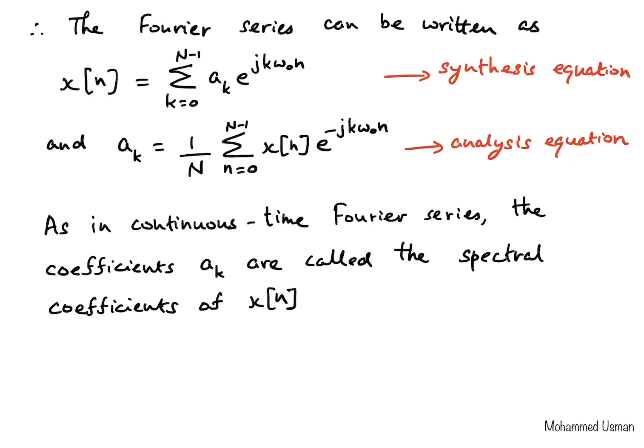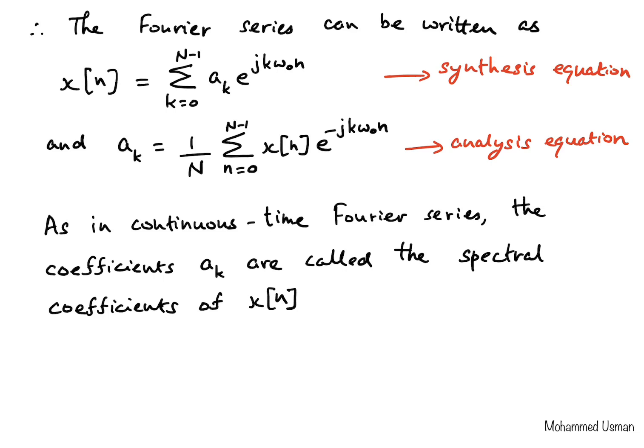The important difference between continuous time and discrete time that you notice is that in continuous time we had an infinite sum, but here we have a sum over a finite number of complex exponentials, so it's 0 to n minus 1. And secondly, in the computation of ak, in continuous time we had an integral, and in discrete time this is a summation because it's discrete.